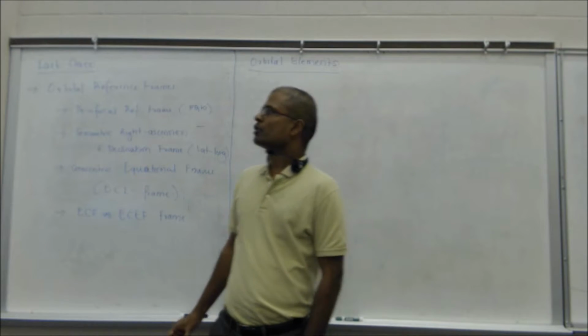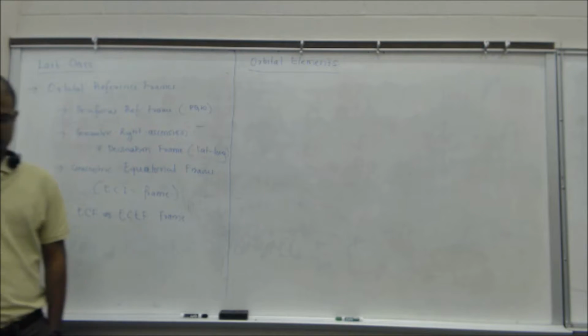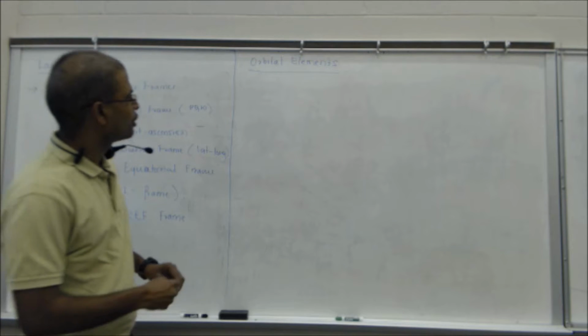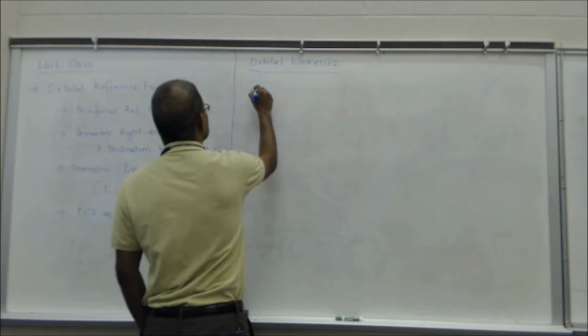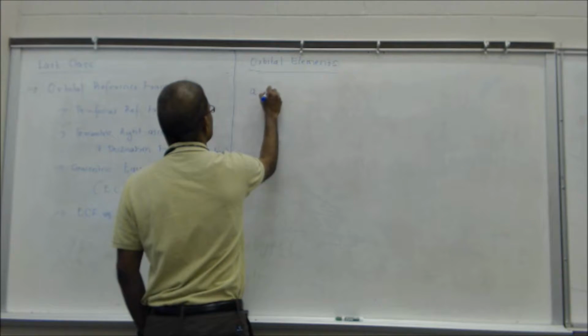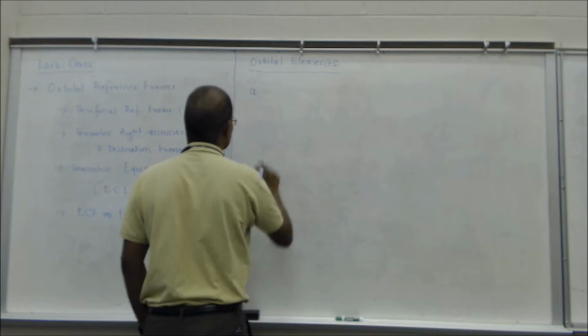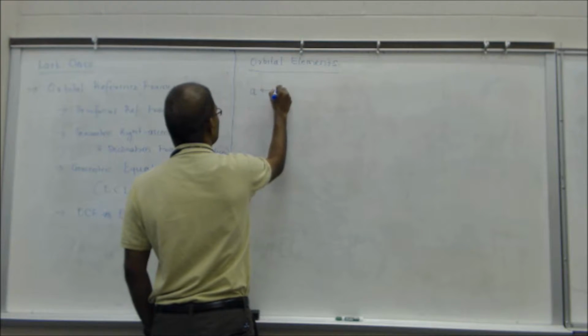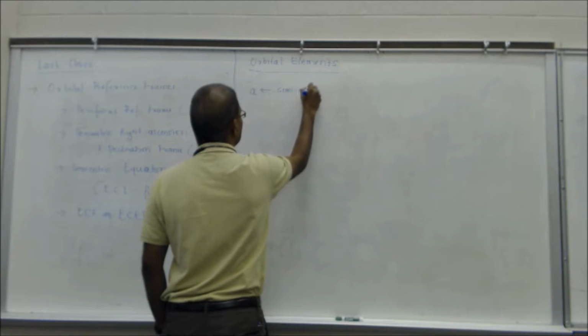The first one you're going to see is A. Do you see A? What could A here be? What did we say A was? The first orbital element there is A. Do you remember what A is? It's the semi-major axis, right?